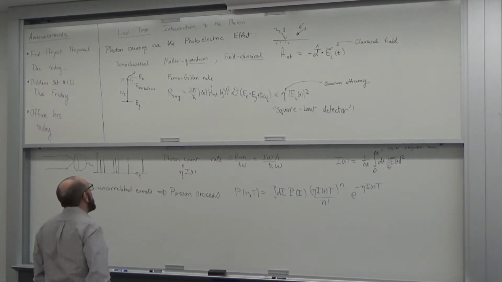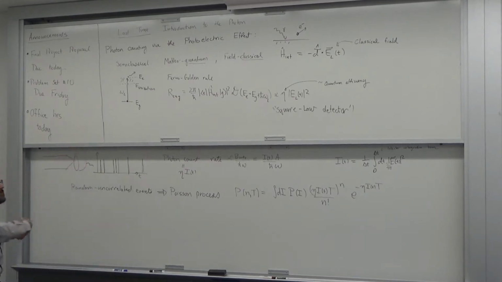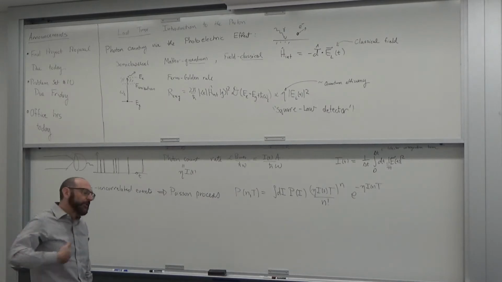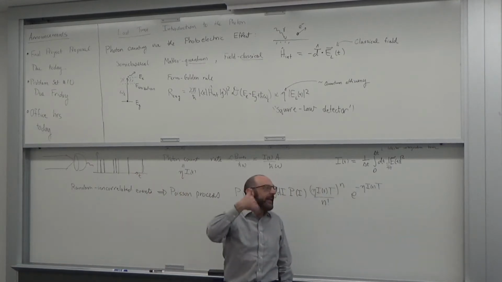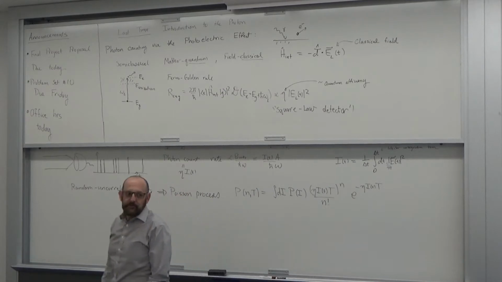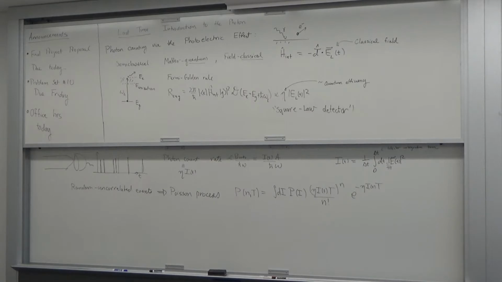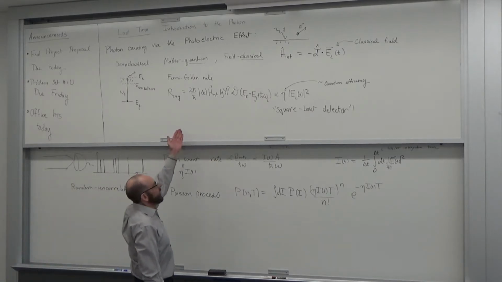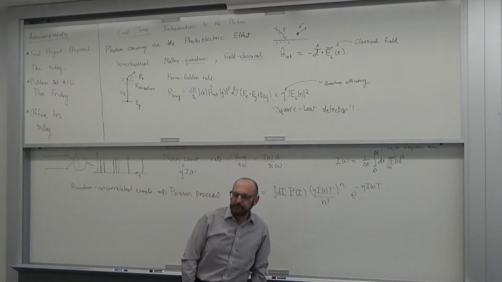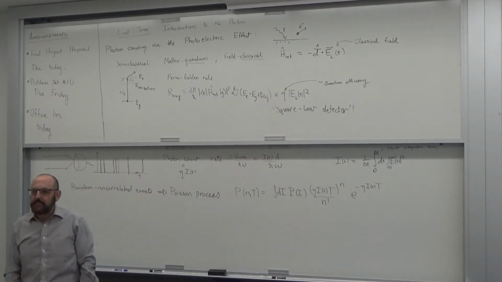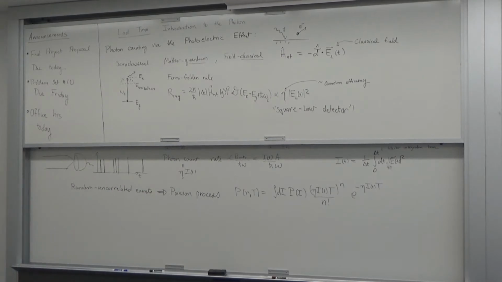In which case we can think of the process by which we eject a photoelectron as a kind of ionization process, and just use Fermi's golden rule to calculate the rate at which those photoelectrons would be ejected from the material. Okay? And Fermi's golden rule tells us that this rate is just going to be proportional to the local intensity at the material. Okay?